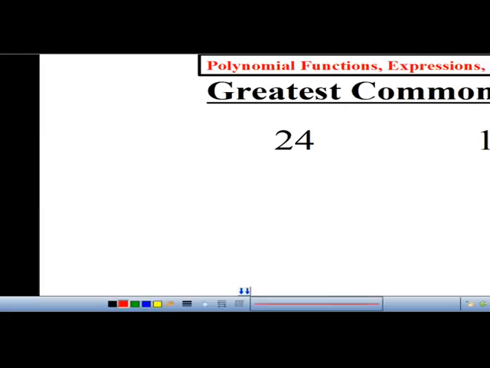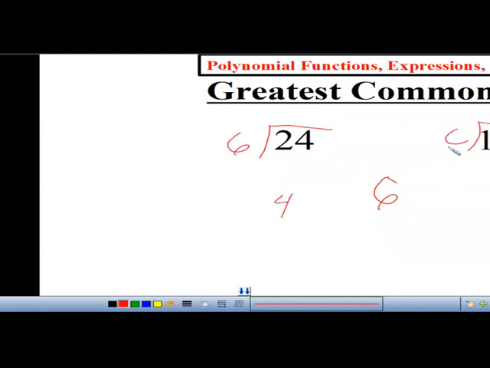All right, look at this one. Greatest common factor, 24 and 18. Don't copy it. Look at them. What is the greatest number that can divide both numbers? 6. Divide 24 by 6, we're left with 4.